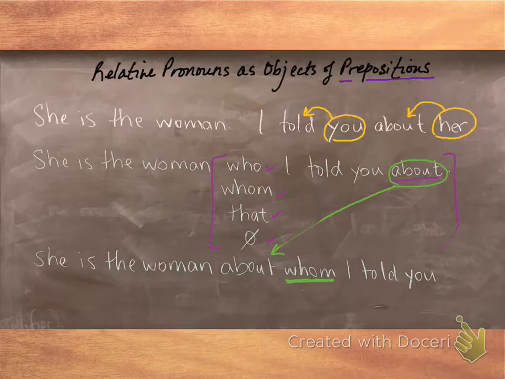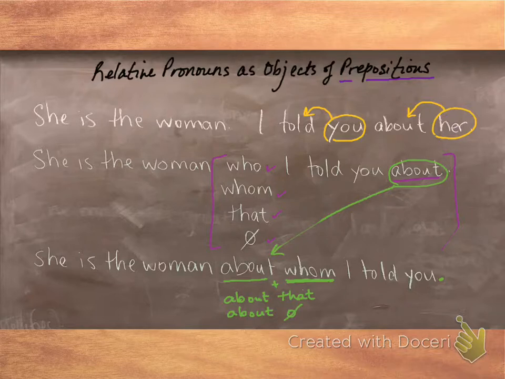Okay, so some of you were asking about whom today in class. This is a hard, fast rule for this word whom. If your sentence is, she is the woman about whom I told you, a period at the end there. We can only combine these two words together. We cannot say about that. And we cannot say about and then nothing.